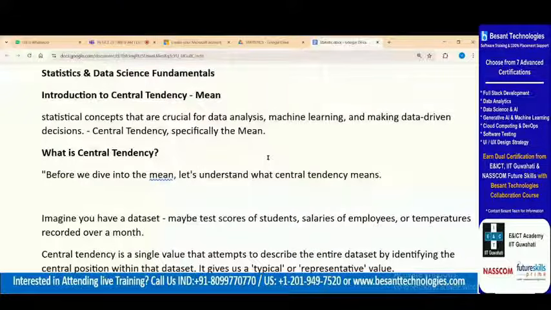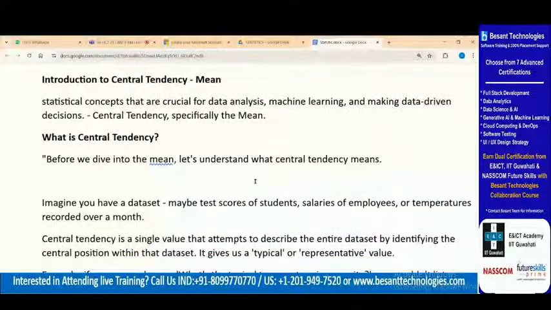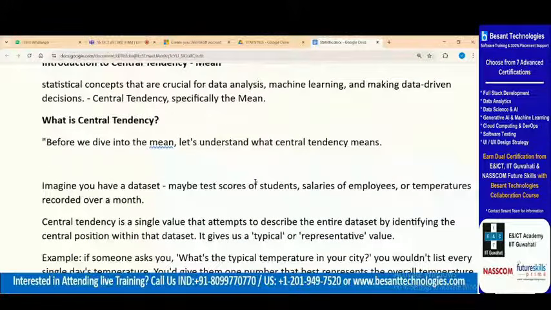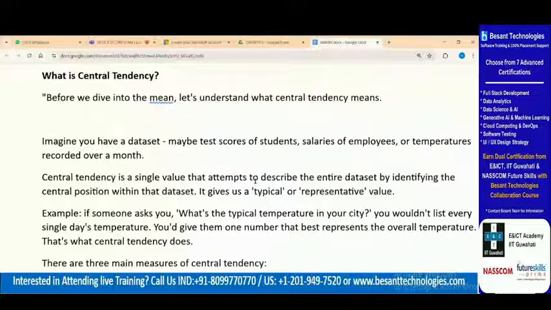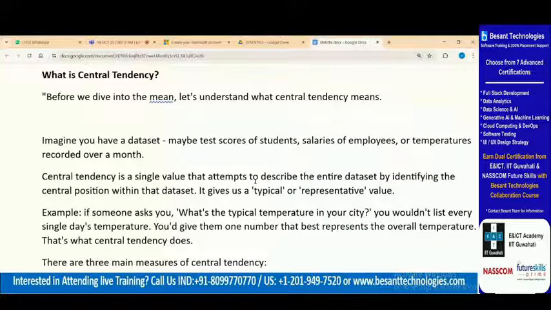Firstly, the topic is about central tendency. In central tendency, the mean is very important. Why mean is important is that imagine you have a data set that can be the salaries of employees, or the temperature of every day recorded over a month. All that is a kind of data set.